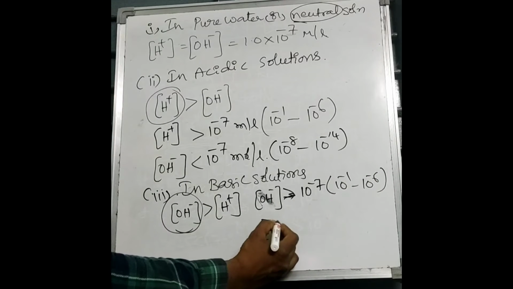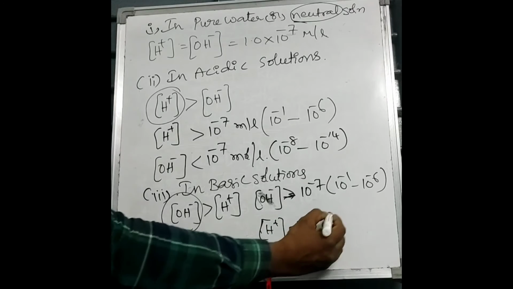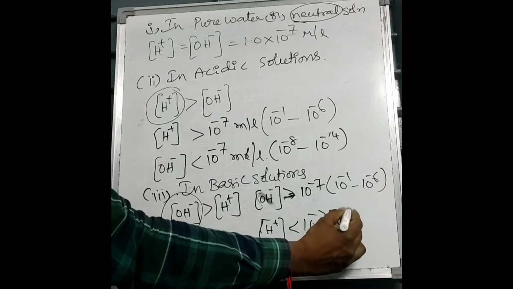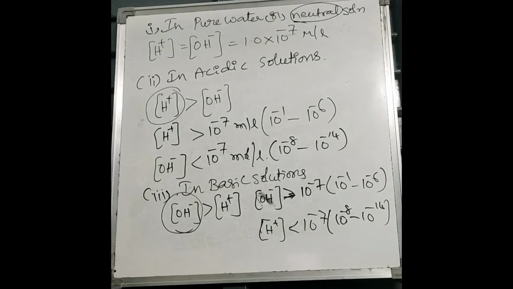What about H plus ion concentration less than 10 power minus 7? It means 10 power minus 8 to 10 power minus 14. Depending on the concentrations of H plus ion and OH minus ion, we can expect the nature of the solution.